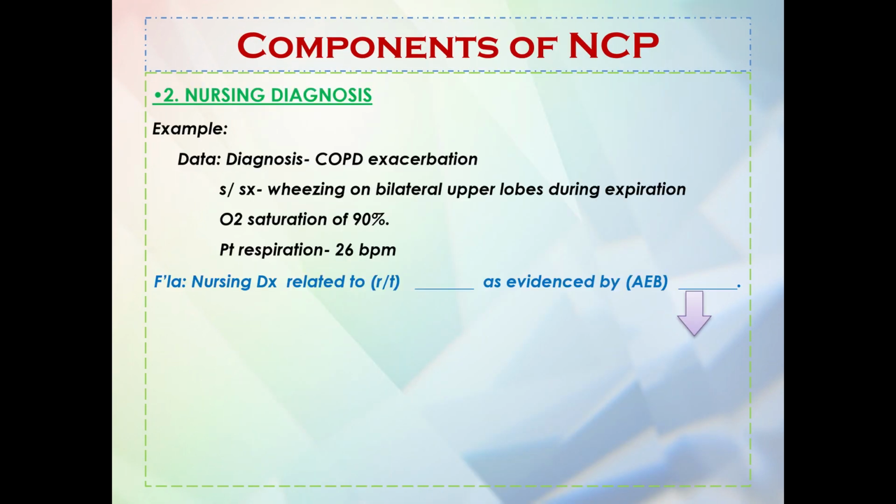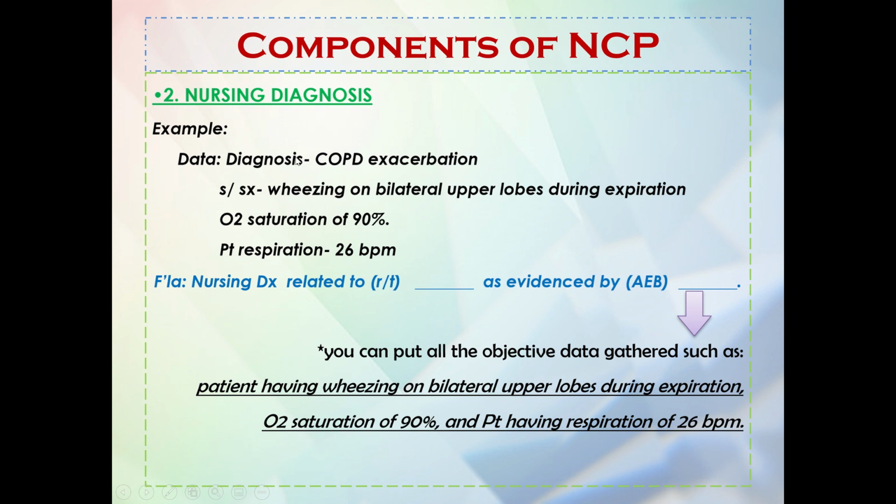Okay, and then for the last part, so ito pa rin yung data na meron tayo, ano? For the last part, as evidenced by, ito yung again yung mga signs and symptoms. Okay, the subjective and objective cues that we have gathered from our patient. So in this case, dito tayo magre-refer kung ano yung meron si pasyente. So ilalagay natin as evidenced by, so ito yung mga signs and symptoms na nararamdaman ni pasyente and na nakuha natin objectively.